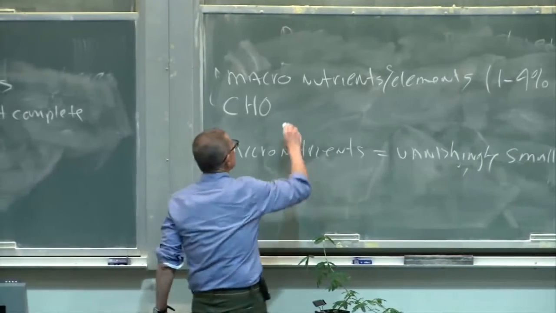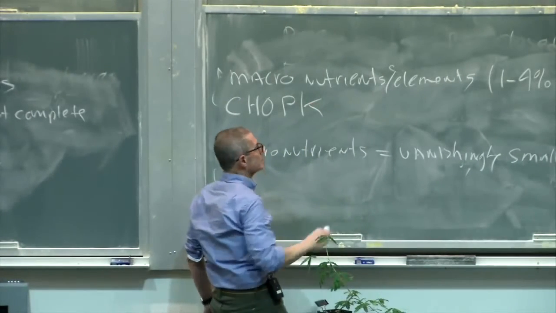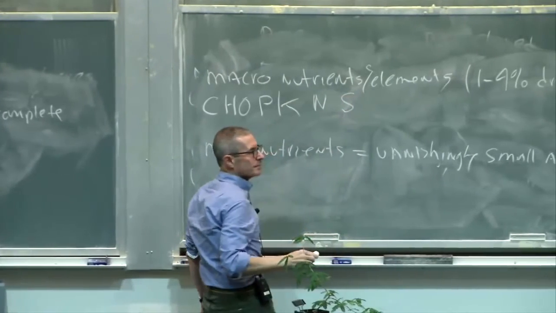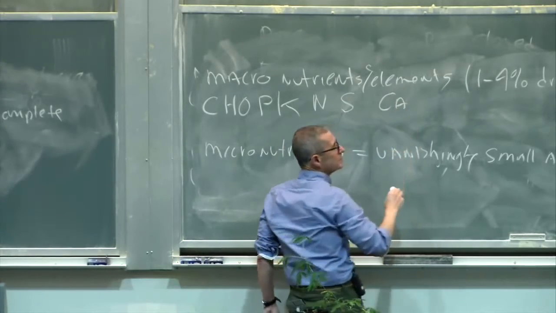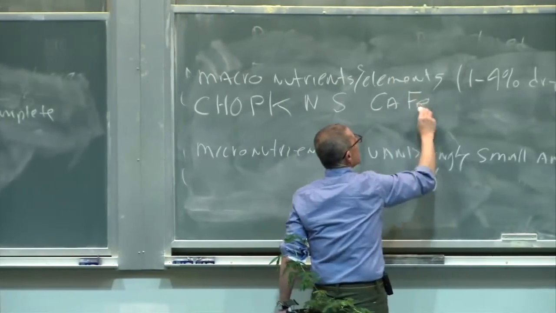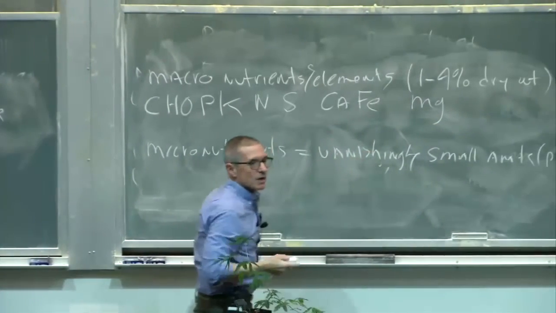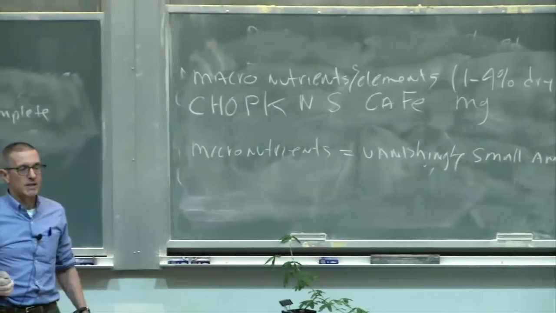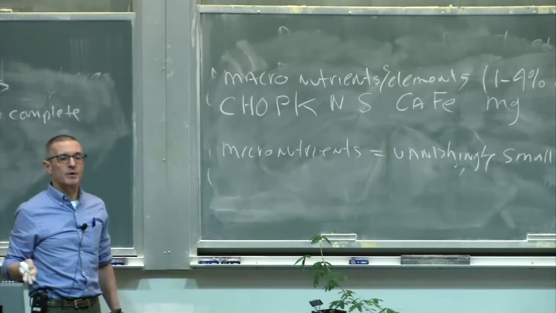In addition, there's phosphorus, potassium, nitrogen, sulfur, calcium, iron, and magnesium. These are the macronutrients which are required in relatively large amounts by plants, and the total absence of any of these will prevent the plant from completing its life cycle.